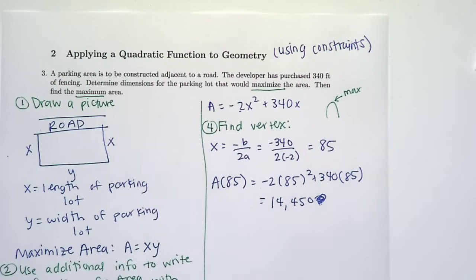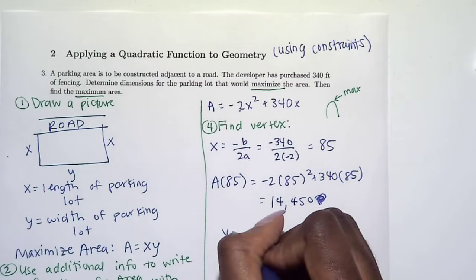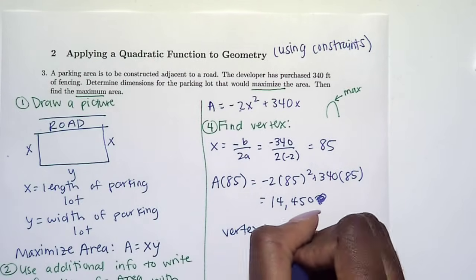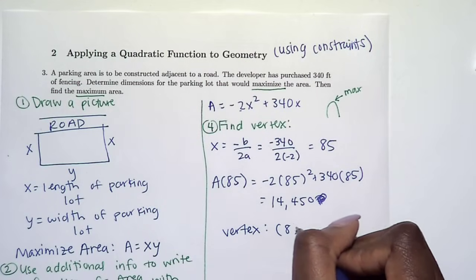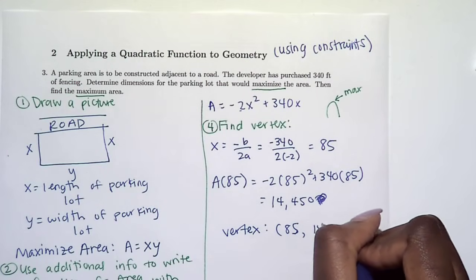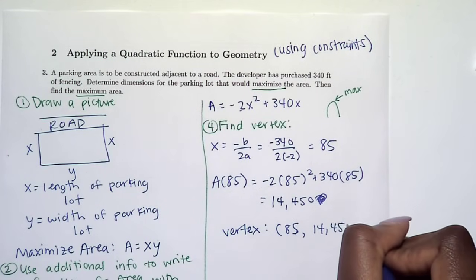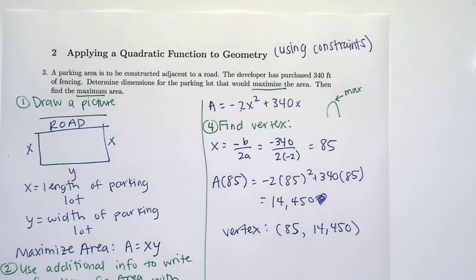I'll do the units later. 14,450 is our maximum area. So I'll write out the vertex so we know what we just found. Our vertex, x value 85, y value 14,450.